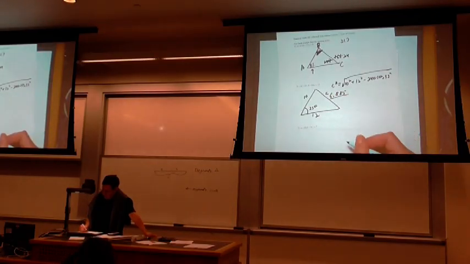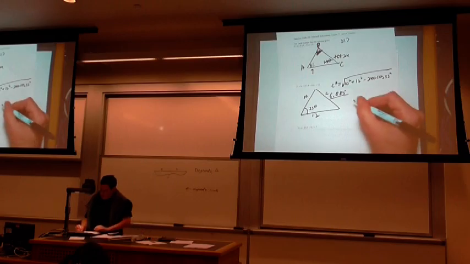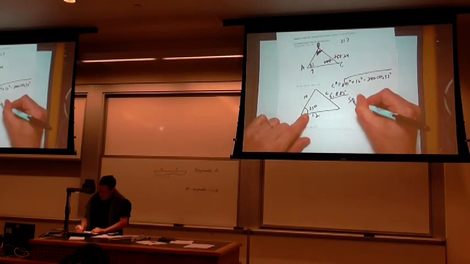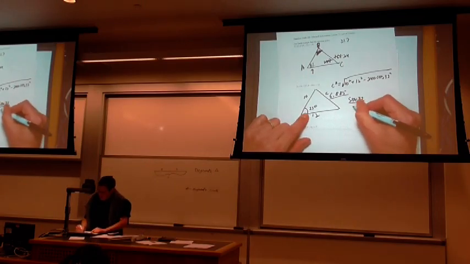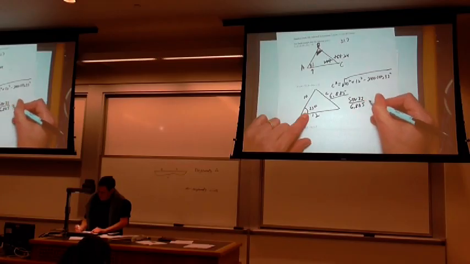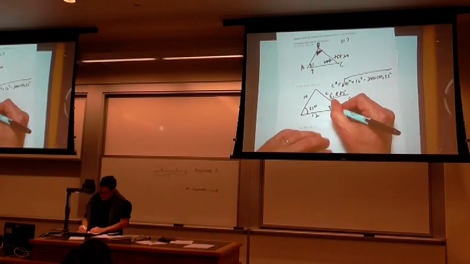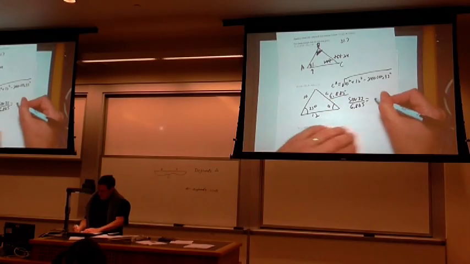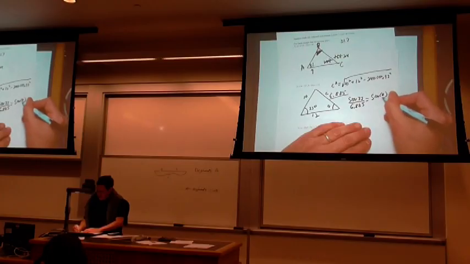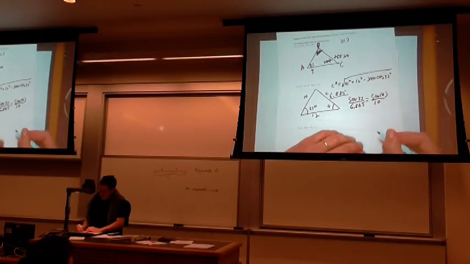We're good. Okay. All right. And now I know that sine of 35 over 6.885 is going to equal the sine of this angle, call it A, over 10.